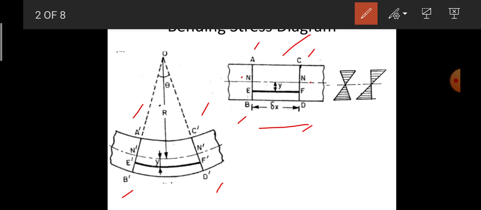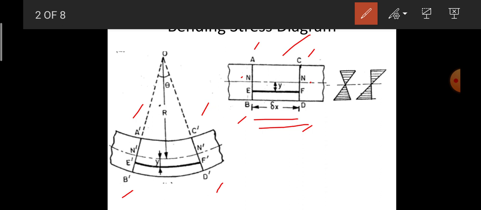This figure shows a small length delta x of the beam which is subjected to simple bending. Due to the action of bending, the part of length delta x will also be deformed. This delta x is the length between the two sections.